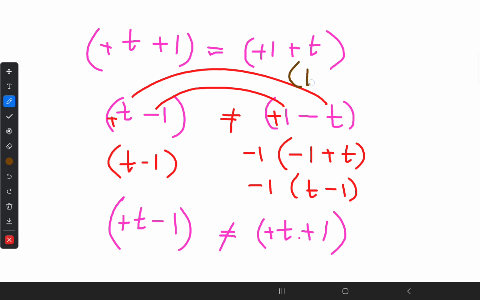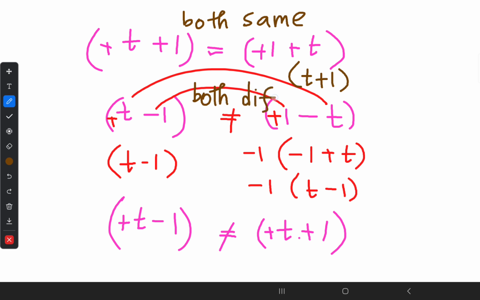In the next case, if both directions are the same, that's what is meant by both same. Here both directions are different for both variables. Here only one difference. In this case we cannot do anything.